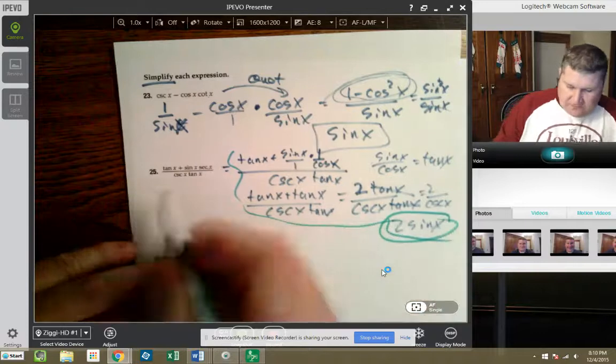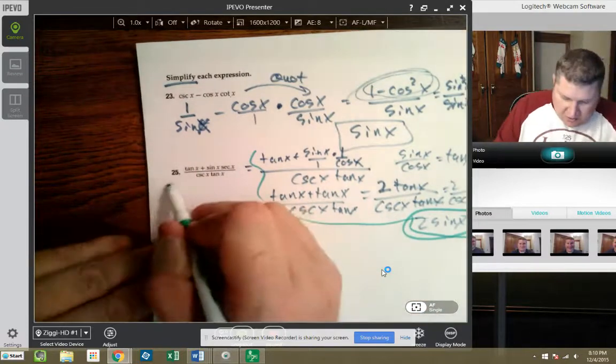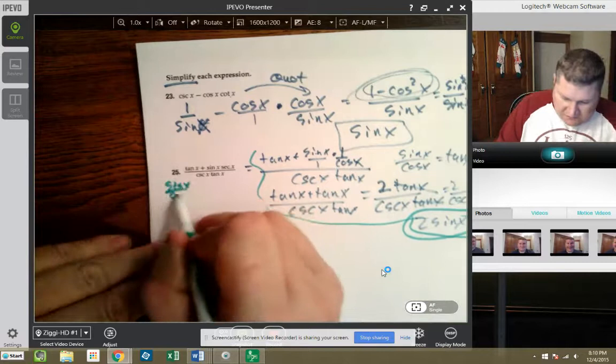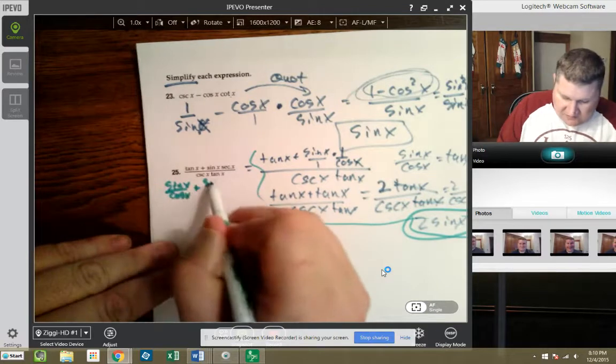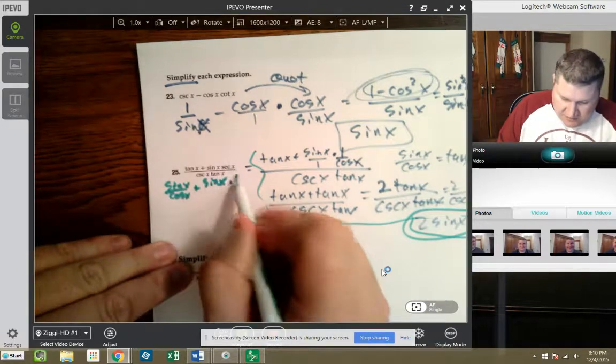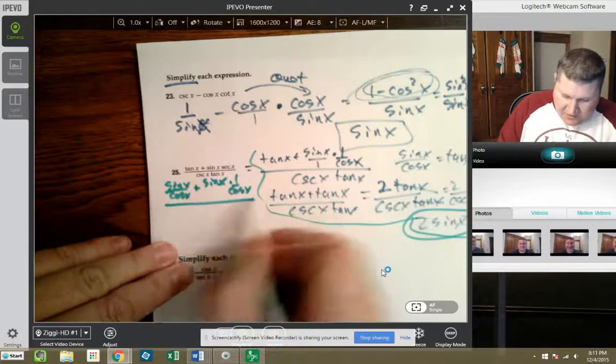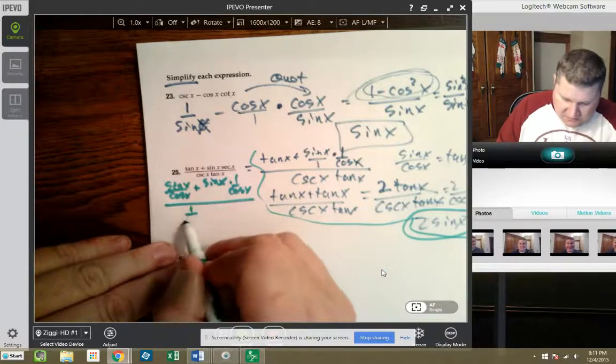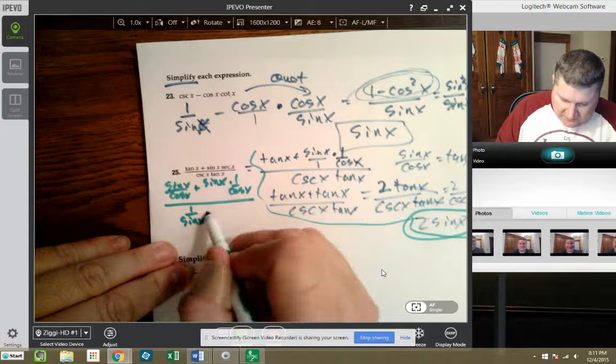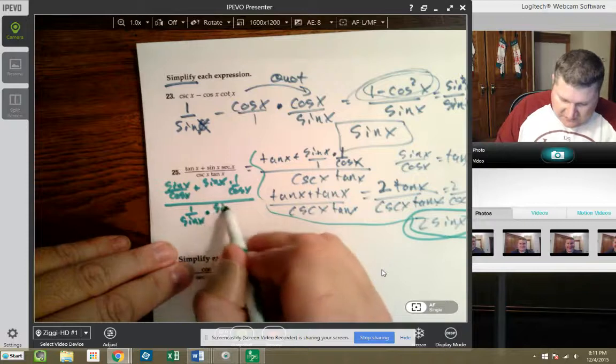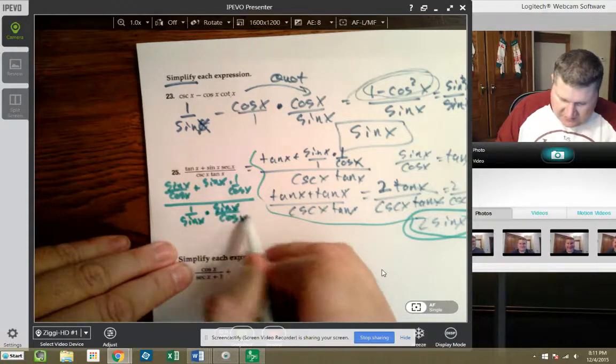And there's your answer. In this case, I could just go all sine cosine. Sine x over cosine x plus sine x. That's going to be 1 over cosine x all over 1 over sine x times sine x over cosine x.